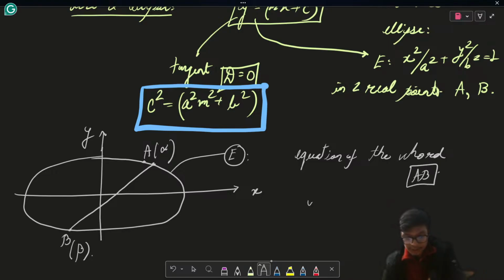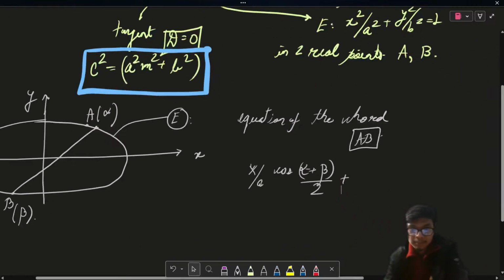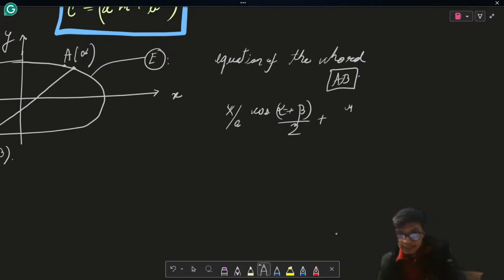So the equation of the chord AB is given by x upon a cos((alpha plus beta)/2) plus y upon b sin((alpha plus beta)/2) is equal to cos((alpha minus beta)/2).